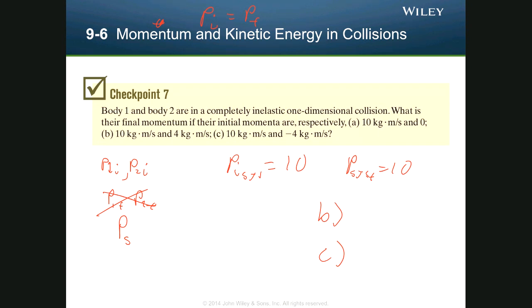All you have to do is add them up. 10 plus 4 gives you 14. 10 minus 4 gives you 6. The initial momentum must equal the final momentum. And there you have it.